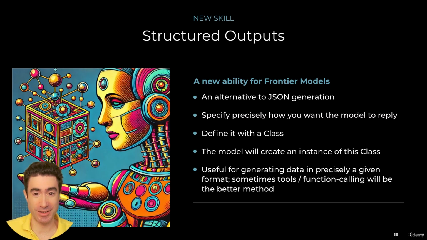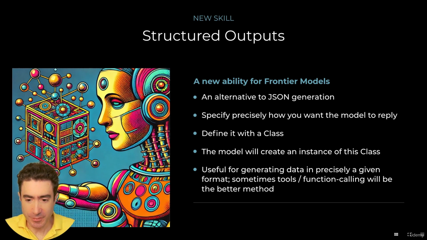But where it starts to go wonky is if you've got really complicated objects that you need it to respond in. It will, after a while, potentially hallucinate in some parts or give back wrong formats. So the idea of structured outputs was to be more directive about specifying exactly how the model should respond.